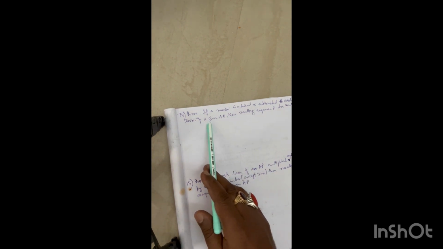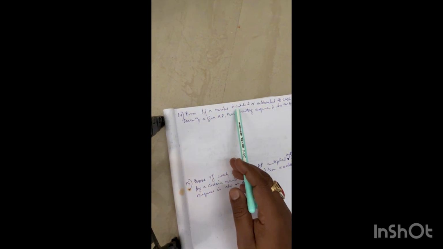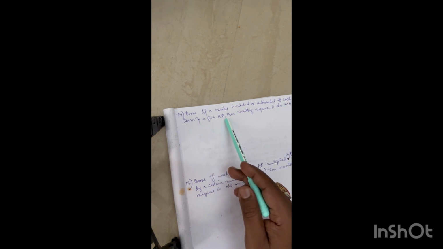The first of this kind is: prove that if a number is added or subtracted to each term of a given AP, then the resultant sequence is also an AP.